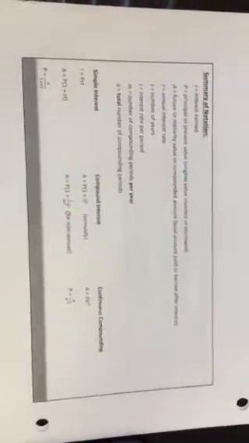So a good strategy would be to figure out which one of these categories you're in. Does it say simple interest? Does it say compound interest? Or does it say continuous compounding? That will place you in one of these categories. From there, you just look at what they're asking for. If it's a simple interest problem and they want to know the future value, you know you're using this one.